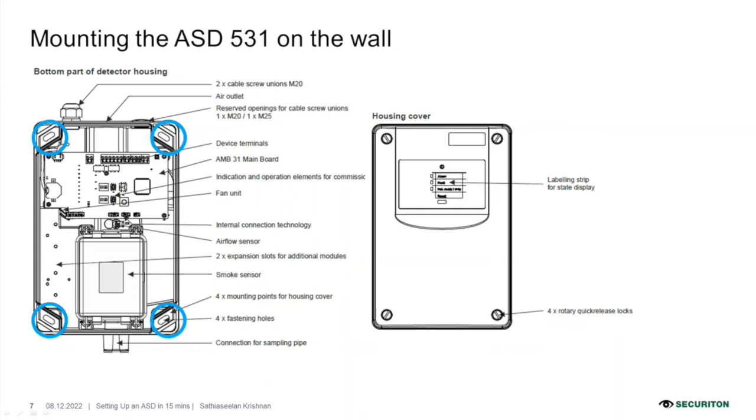Okay, with that information, once you unbox it, the first and foremost, as I mentioned before, there's no need of setting up this ASD, such as installing the detectors and whatsoever. As I mentioned, the detector comes with the smoke sensor itself pre-installed, and once the cover is removed, this cover also comes without any ribbon cable or connections in between the main board and the cover.